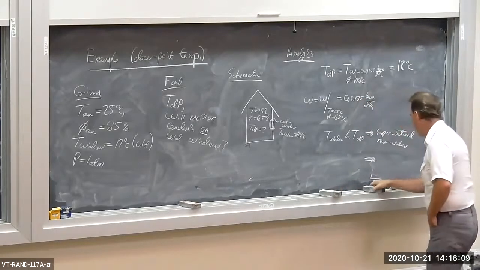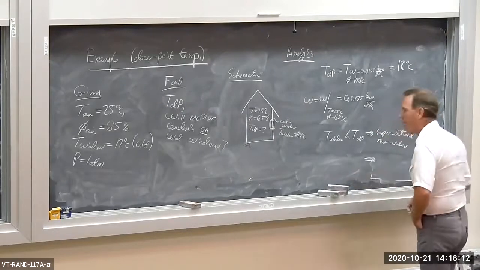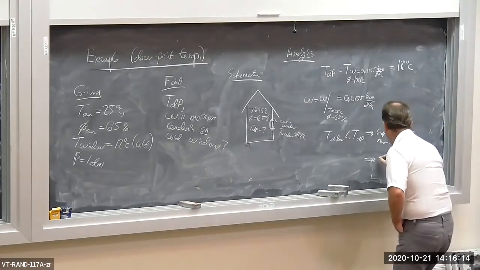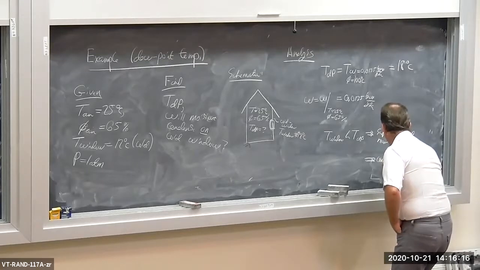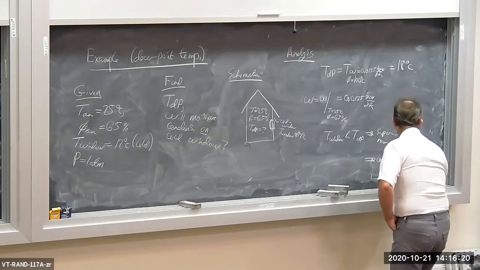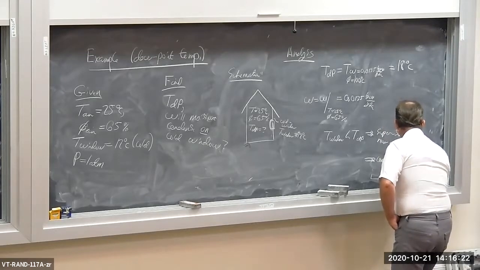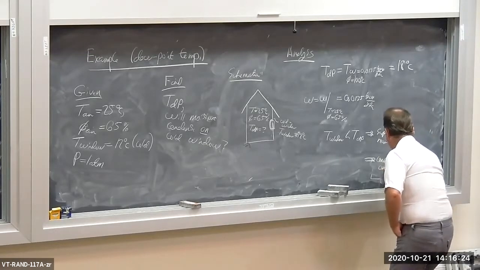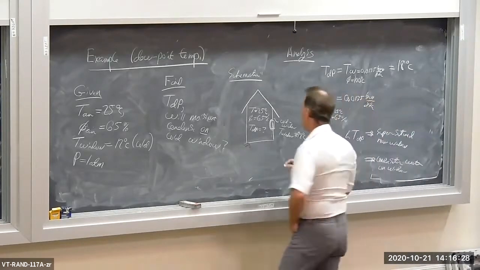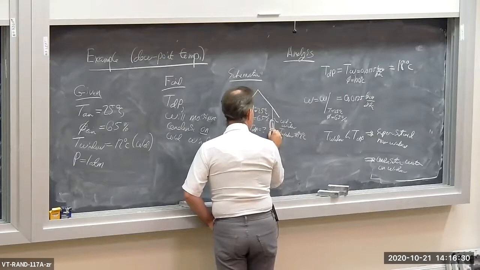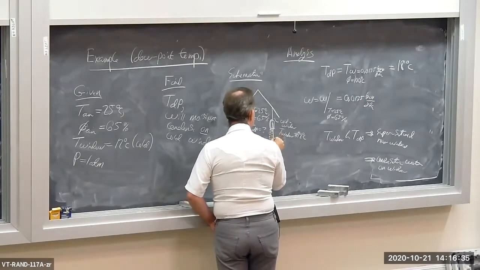This implies condensation, droplet condensation on the window. So condensation of liquid H2O on the window. So there's going to be droplets dripping off this window.